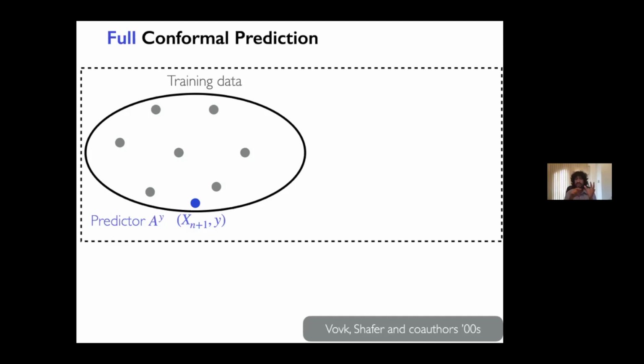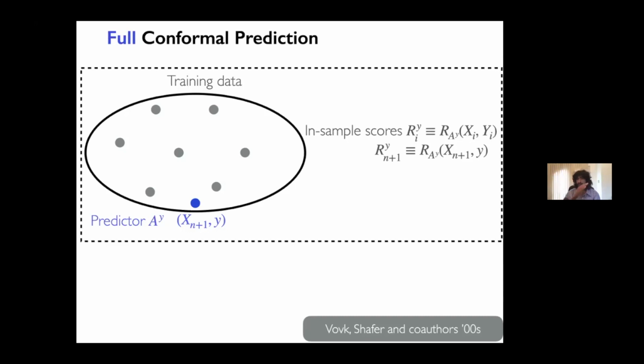So I'm going to call that a superscript y, because as we change this little y, the predictor will change. And so I'm going to call it A^y. Okay, and so now we're going to do things as before, but now we're going to calculate in-sample scores, because we have not left anything for out of sample. We used all of our data. And so these in-sample scores are also going to depend on what little y I used.